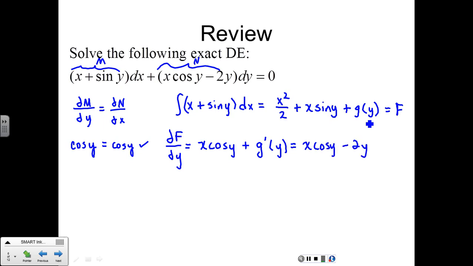So according to that, g prime of y would equal negative 2y. How do we work our way out of that? An integration step. So g of y then would be negative 2y squared over 2, so negative y squared. Good job.